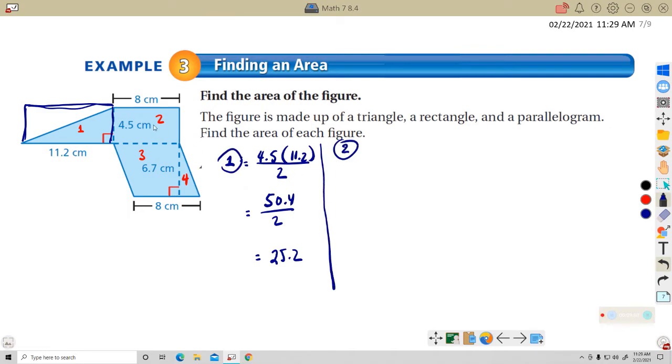Region 2 is a rectangle, and this is just straight 8 times 4.5. So rectangles are easier. 8 times 4.5 is 36.